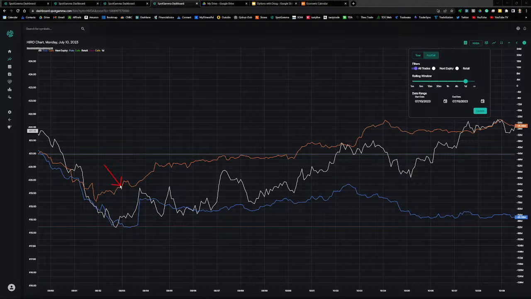So they were initially selling calls and buying puts. Then around 9:52 they started buying calls, right around there. And just before 9:54, they stopped buying puts, started selling puts, and price moved higher.